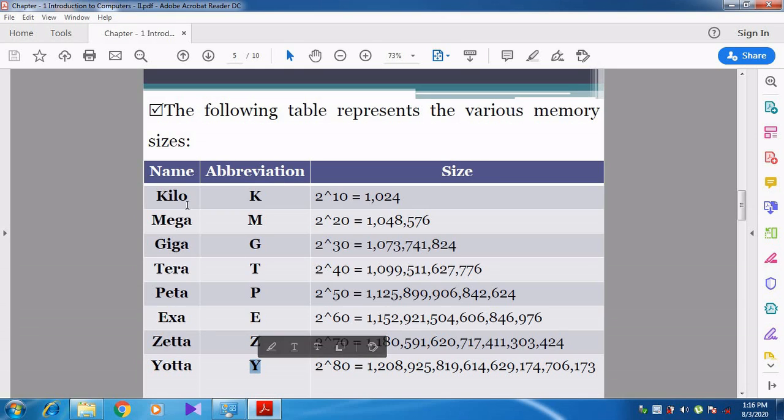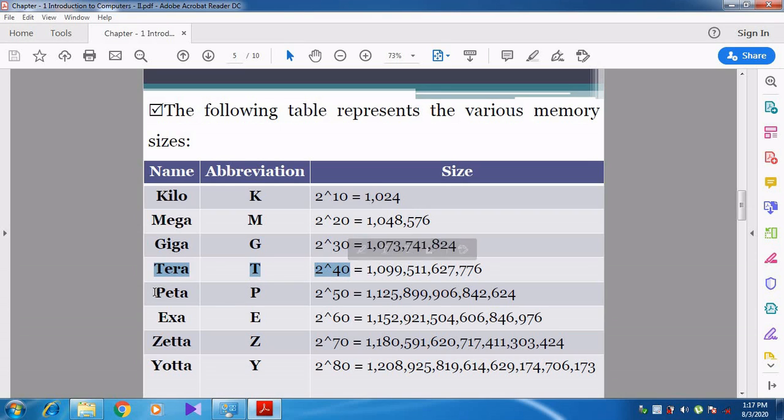Kilo means kilobyte, that is 2 to the power of 10. This caret symbol represents the power. Mega, M, is 2 to the power of 20. Giga is 2 to the power of 30. Terabyte, TB, is 2 to the power of 40.